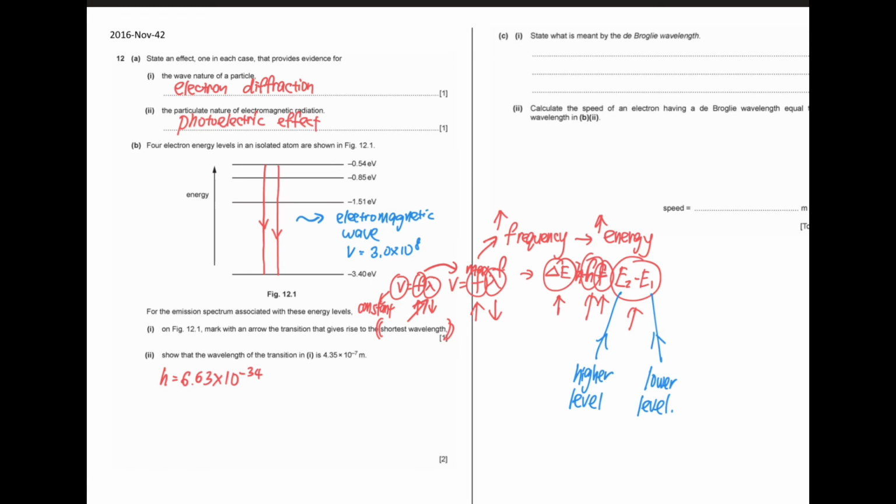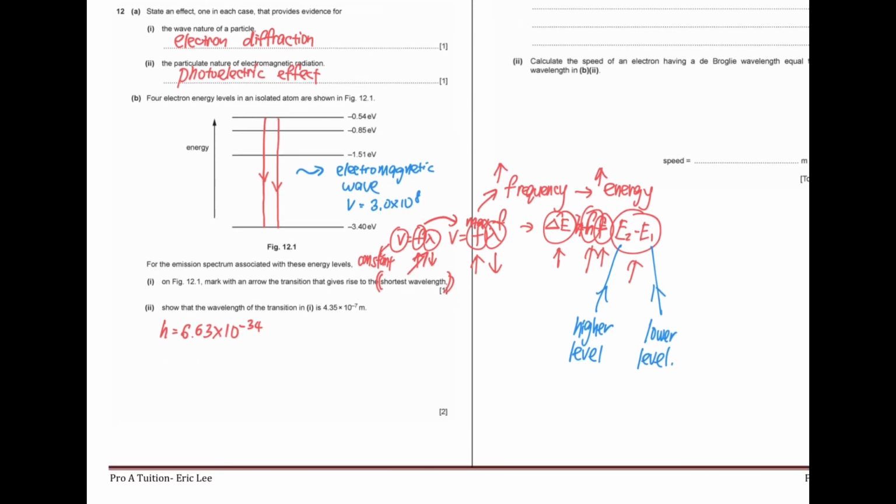Now we look at part 2. Show that the wavelength of the transition in part 1 is 4.35 times 10 to the power of negative 7. To show this, we have to use the formula delta E equals hf, but we don't know the frequency.